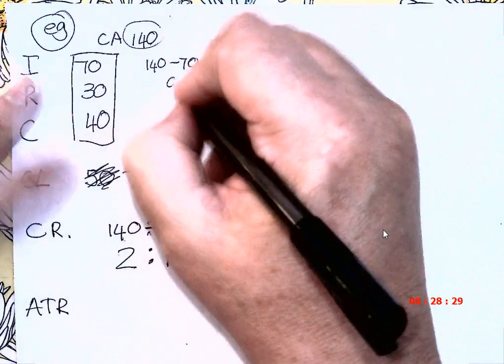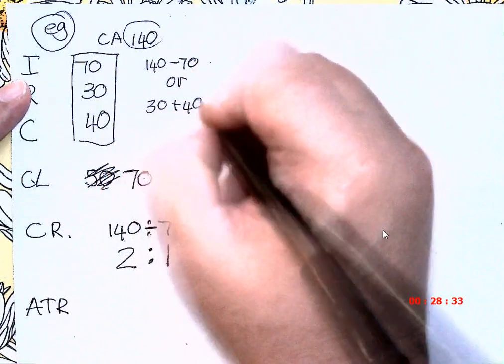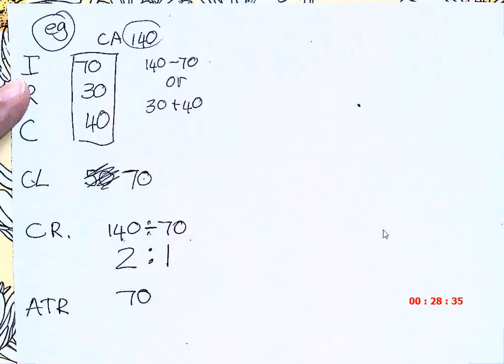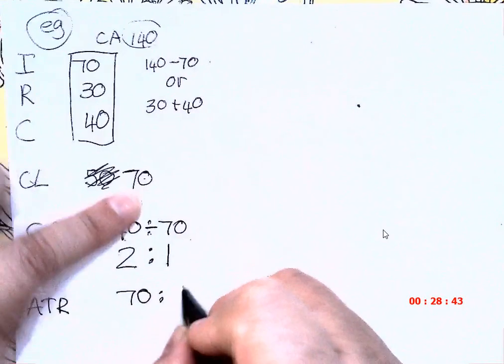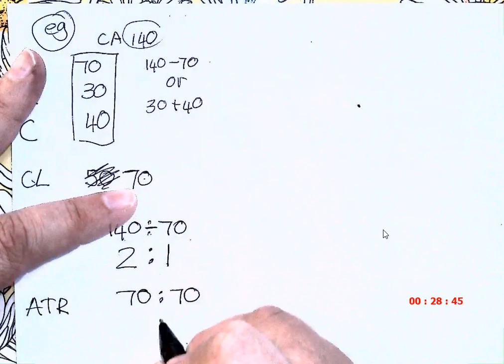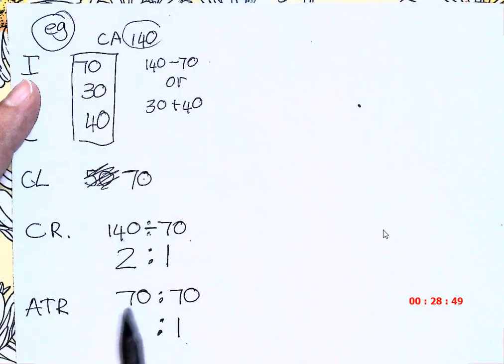Or I can say the receivables and the cash. Can you see both of them are going to give you 70? You guys with me? So, current liability still 70. Can you see? I put the double point 1. 70 divided by 70 also gives me 1.